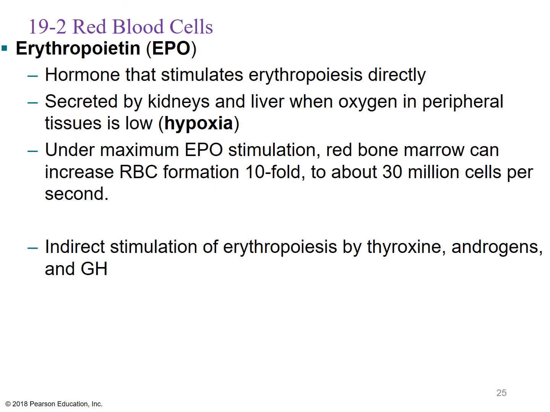Indirect stimulation of erythropoiesis is done by the thyroid hormone thyroxine, by the male steroid hormones androgens, and also by growth hormone. So if you are a male, then you have a higher ability to have an indirect stimulation of erythropoiesis.